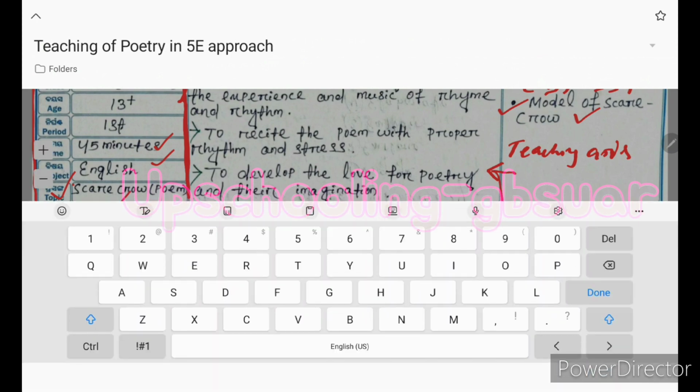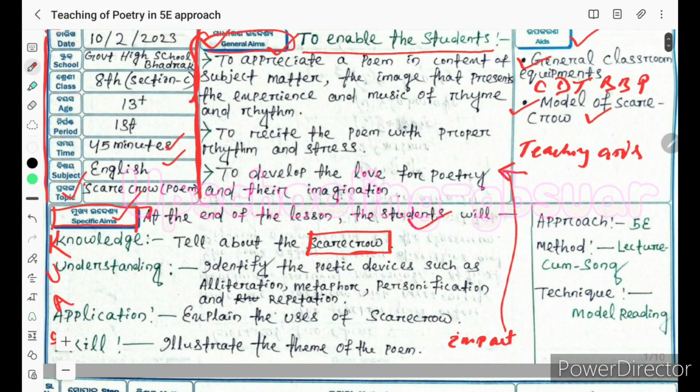The students should actively participate, for which the specific objectives should be written in this format. For example, I have taken the word identify, meaning the students will identify the poetic devices.